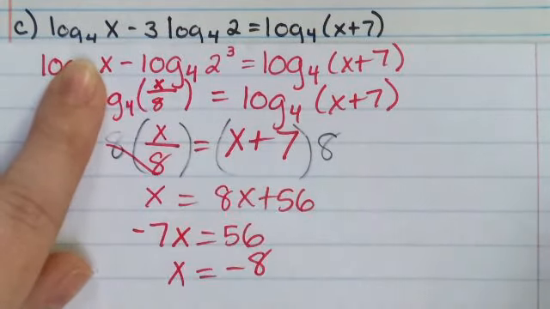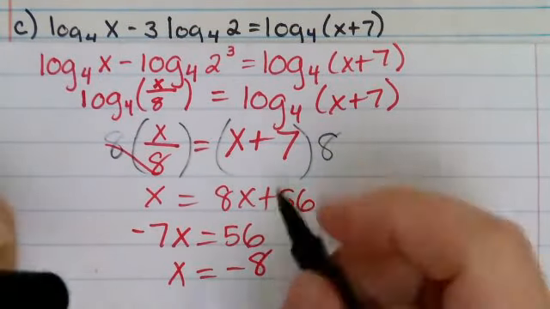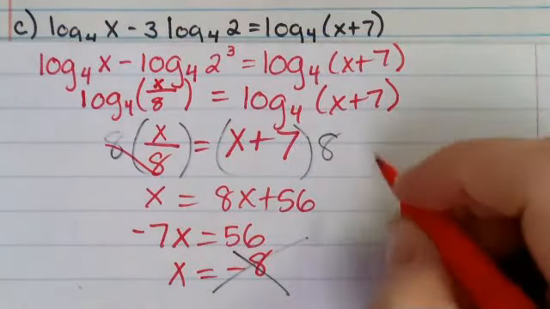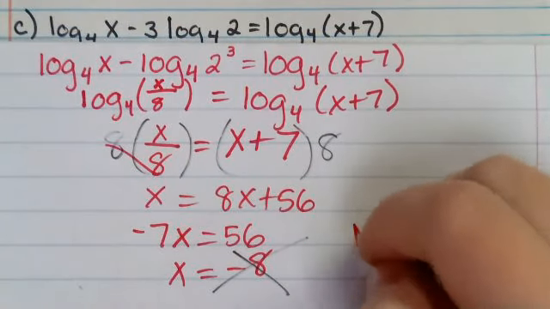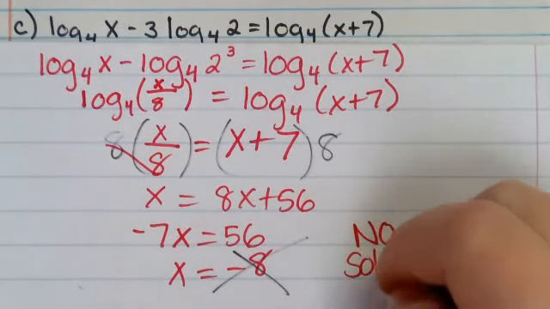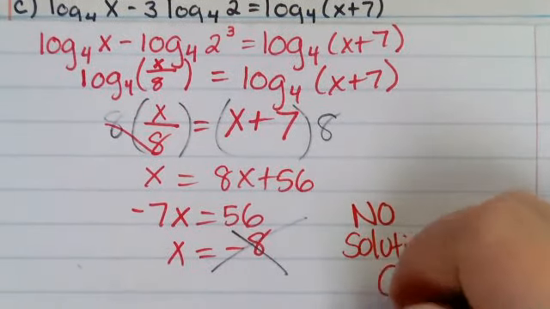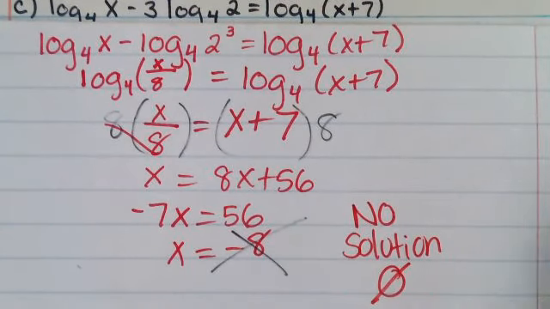So when I plug in that negative 8, it does not work. That is an extraneous solution. And you might say, but that was my only solution. That means that there's actually no real solution to the problem. So we're going to say no solution, or you can say null set answer. Okay?